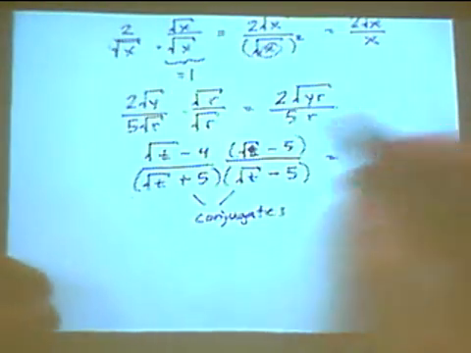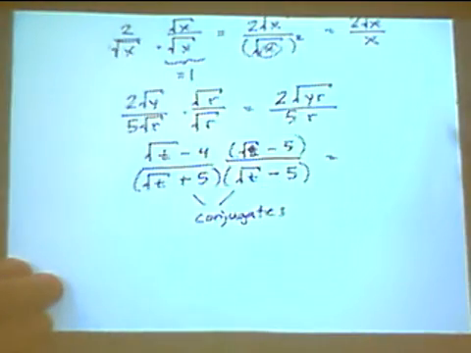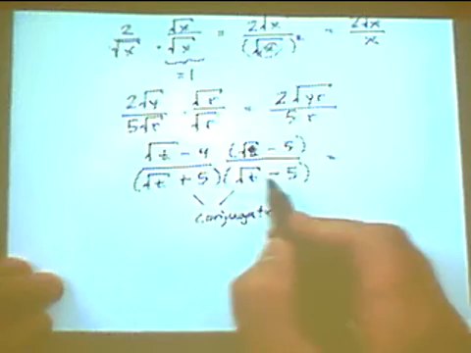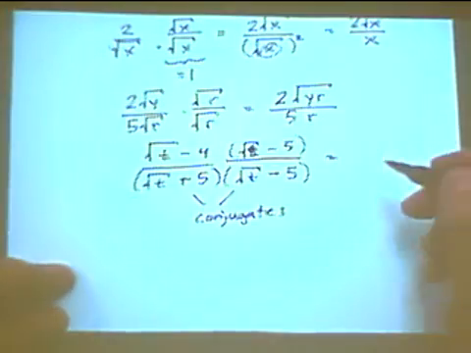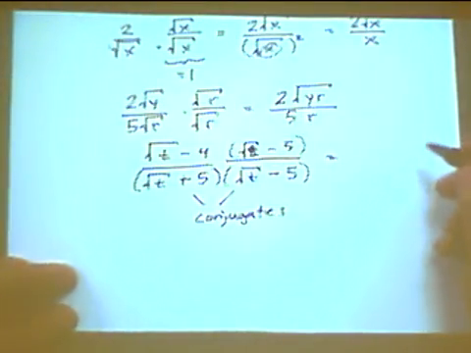Now, when you multiply two conjugates, there's a little shortcut. You could FOIL these, and you would get the correct answer, but there's a little shortcut that I prefer to use, and this shortcut is the same every time.